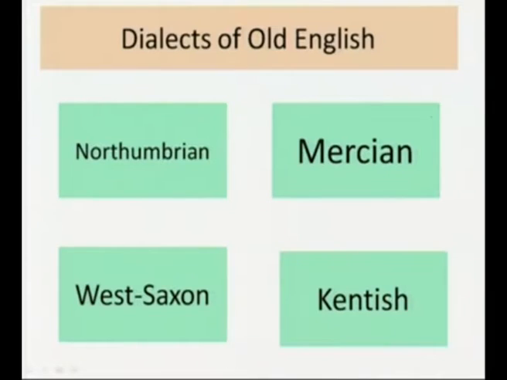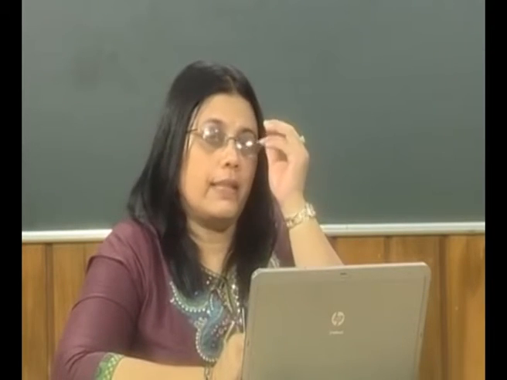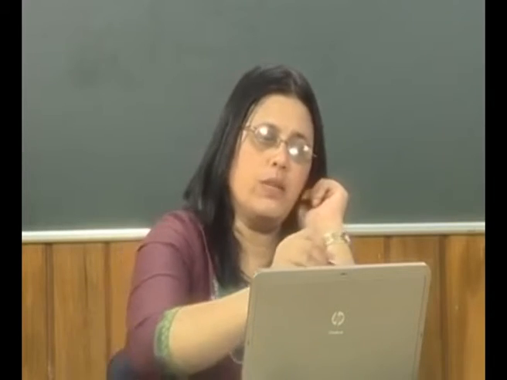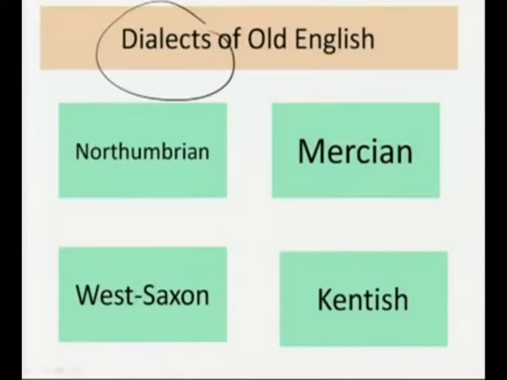Now, it is important to know that there was no one variety of Old English. It is accepted that there were four dialects, or variants, of Old English. Now, we know that the word dialect today is of course contested, and dialects are today claimed to be languages.